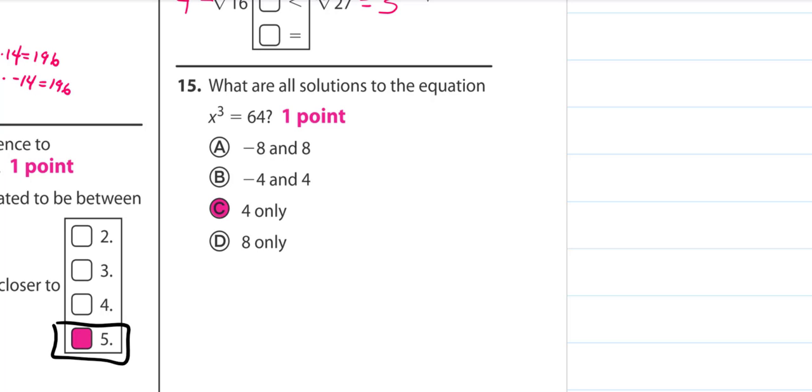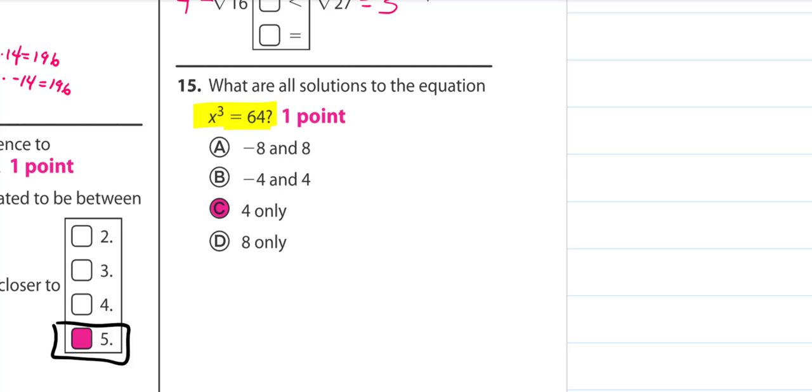And number 15, what are all of the solutions to this equation? And the equation they're asking us is, what is the cube root of 64? So this is where you have to be careful. If you're given a square root, you should be showing both the positive and the negative of that. If you're given a cube root, you're only going to have one answer.